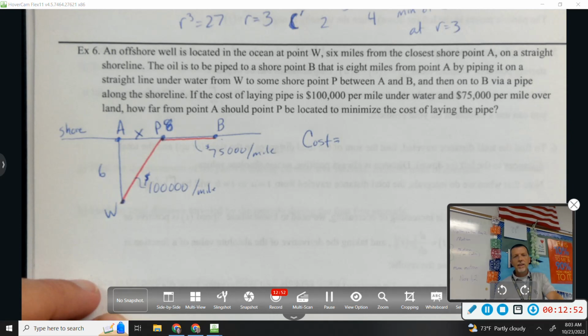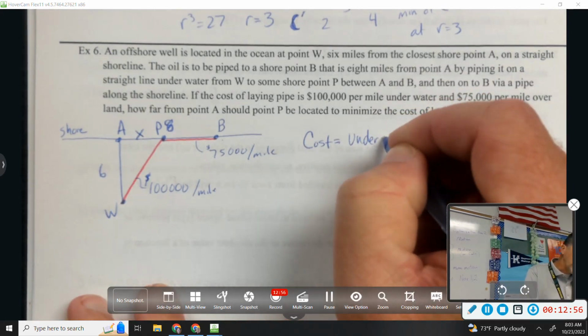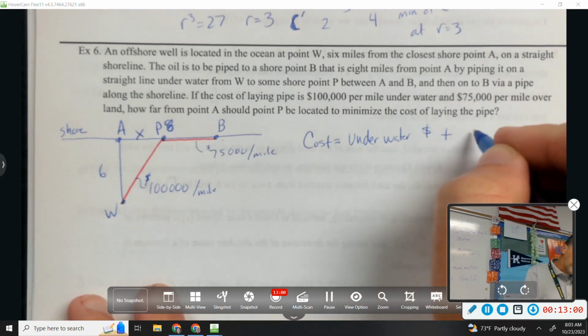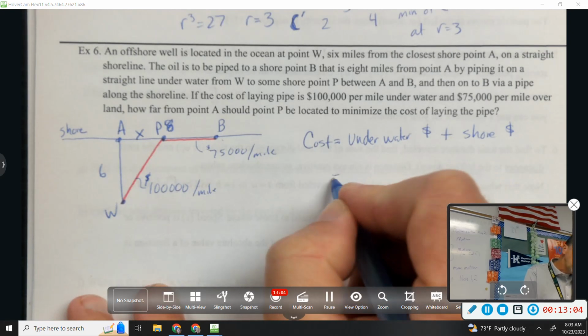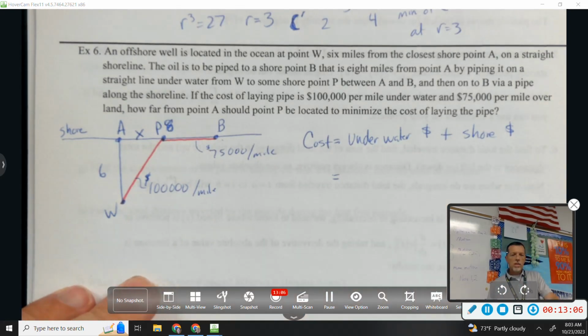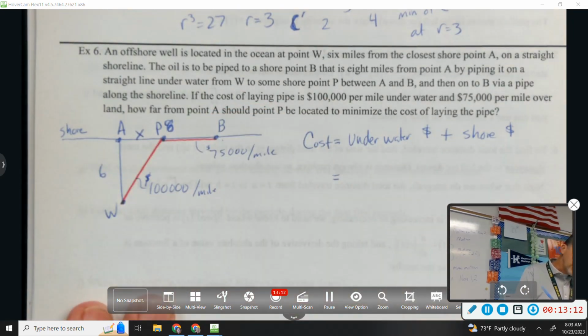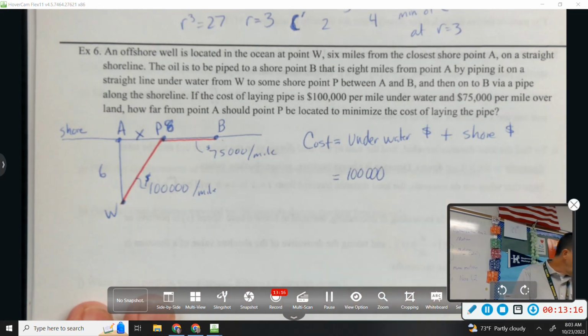Okay. So it's another two-part problem here. I got my underwater cost and my shore cost, I guess. So underwater is $100,000 times whatever that length is. So what is this length?